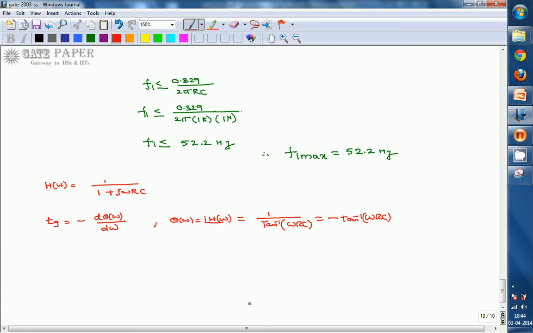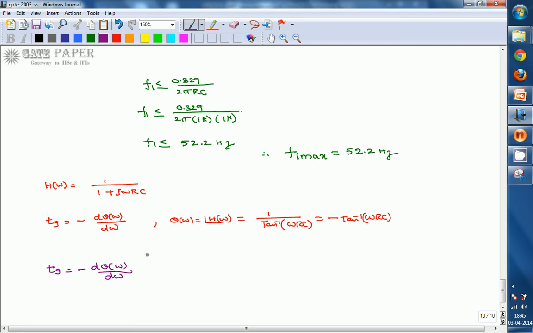Then find the Tg of omega. So Tg equals minus d theta of omega by d omega, that is by applying differentiation for tan inverse of omega RC.